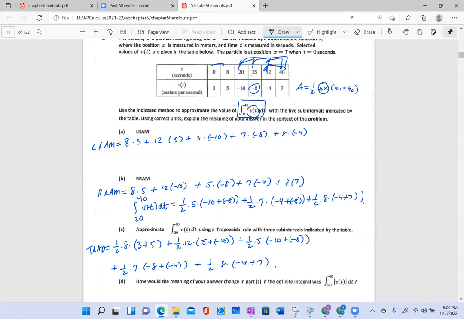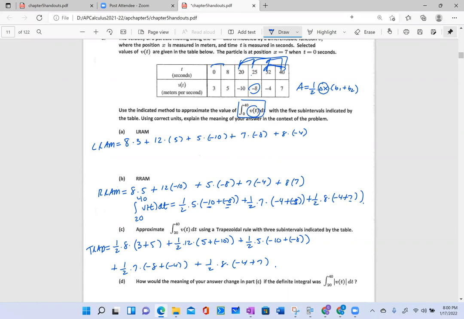And as you would expect, we'd only see one negative 10, one 7, but we would see two negative 8s, and we would see two negative 4s. Okay, just as a highlight there.